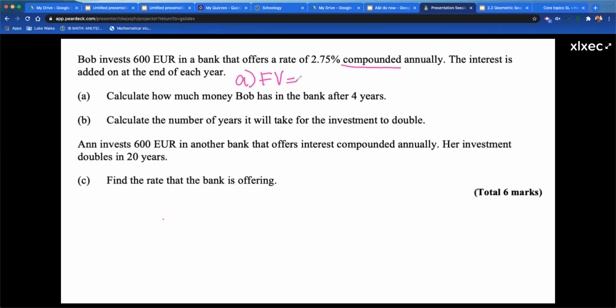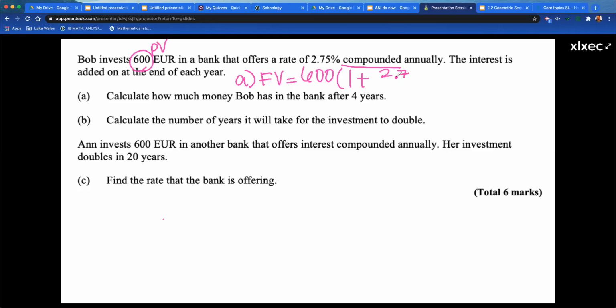My present value is 600. Times, sorry, 1 plus 0.0275. Did you just say 2.75 or point?